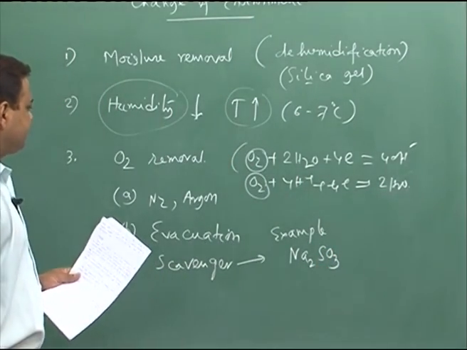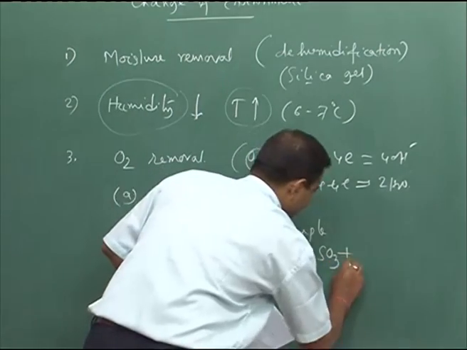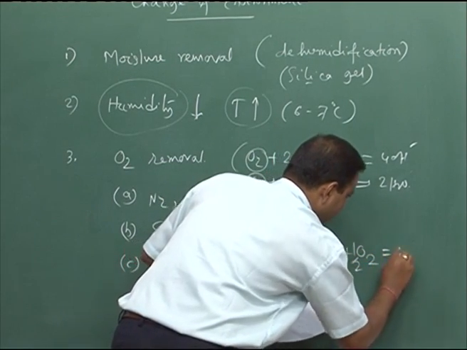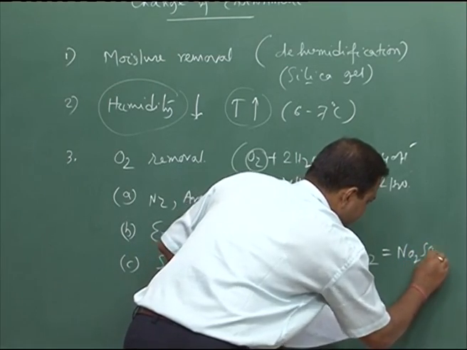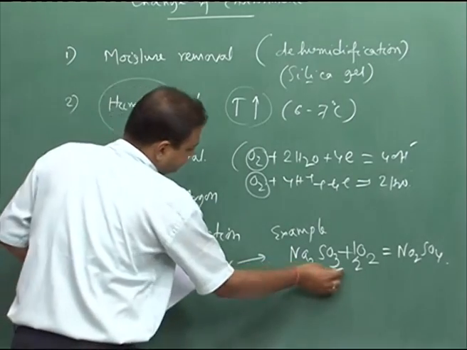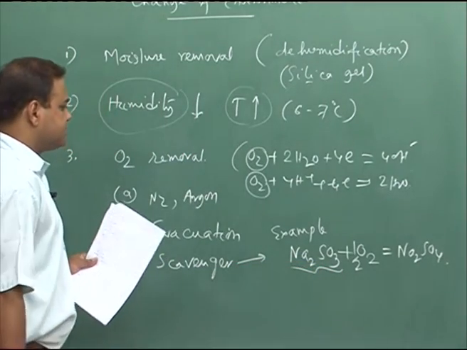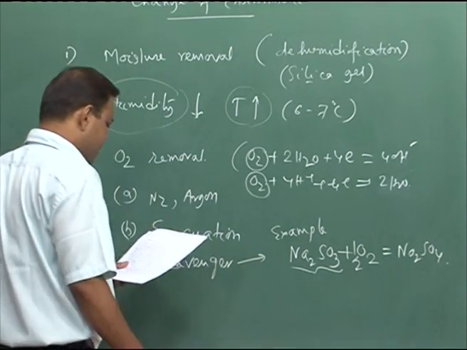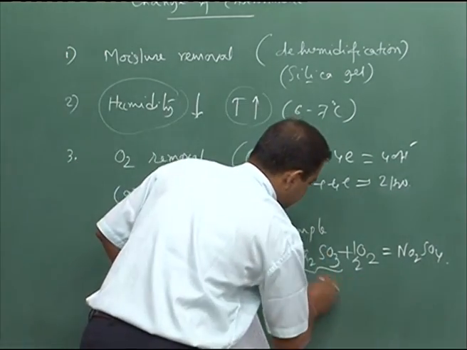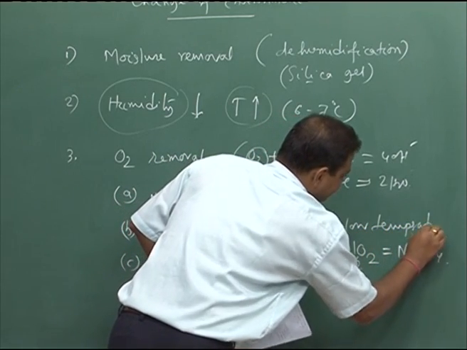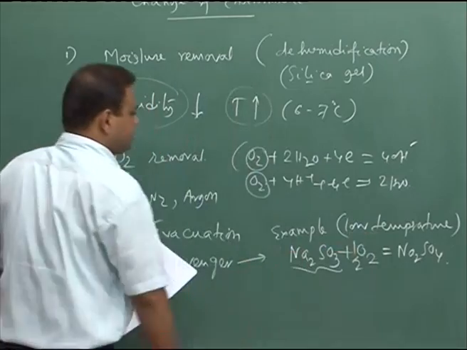If we add that in the solution, then it will react with dissolved oxygen and form Na2SO4, and this is one scavenger which is active. This is added at low temperature. This scavenger would be very good in removing the oxygen.